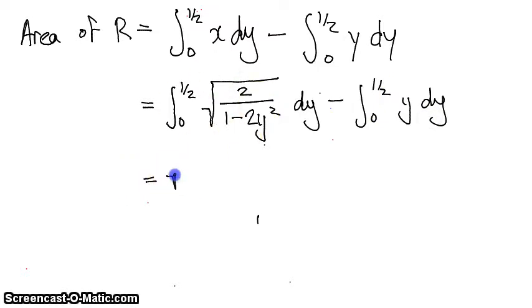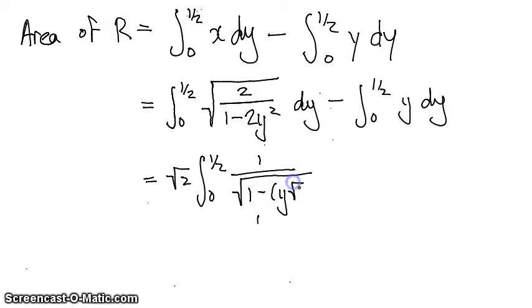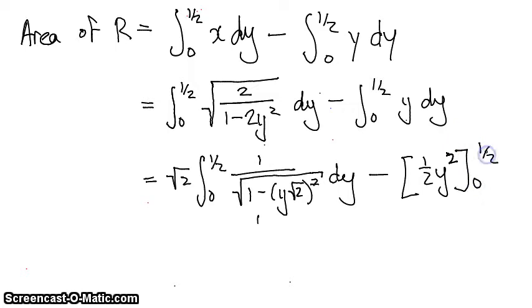This is actually the square root of 2, 0 to a half, 1 over the square root of 1 take y root 2 squared dy minus, and I can actually integrate this one very, very easily. This is just going to be a half y squared between 0 and a half.